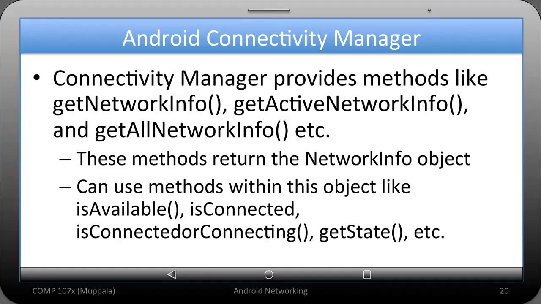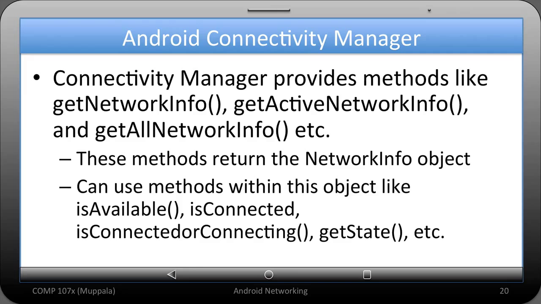The connectivity manager returns a reference to an object, and we can then query it by calling different methods that are supported by this connectivity manager, including getNetworkInfo, getActiveNetworkInfo, and so on.